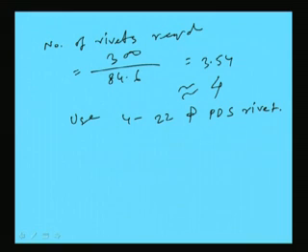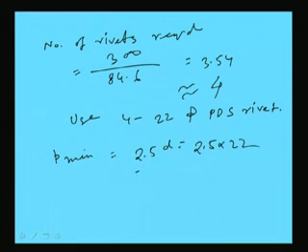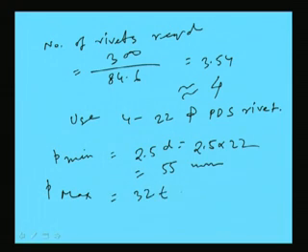Now, again we have to calculate the minimum pitch and maximum pitch, and from those criteria we have to find out some suitable pitch. So, minimum pitch P minimum is equal to 2.5 D, that means 2.5 into 22, 55 mm, and maximum pitch P max will become 32 into T, where T is the lesser thickness, that is 12 mm.